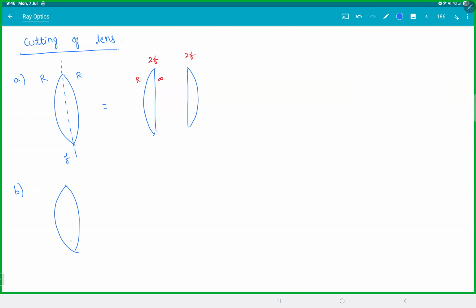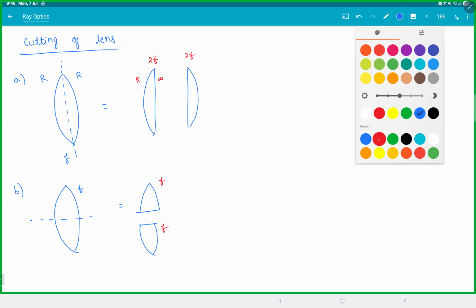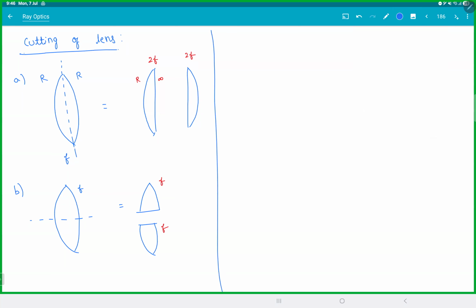Same lens, if you take it and cut it along the principal axis, in this case, the radius of curvature does not change. The focal length remains same. So cutting it along the principal axis won't affect the focal length, but cutting it vertically does affect the focal length.